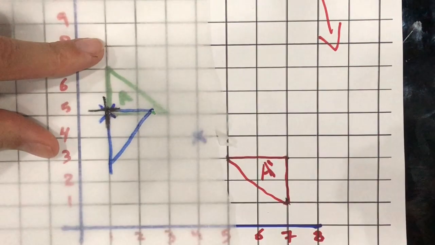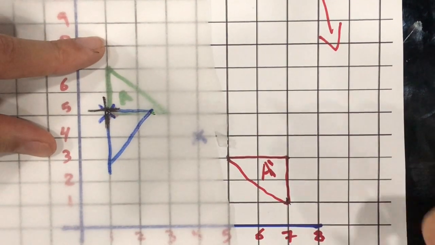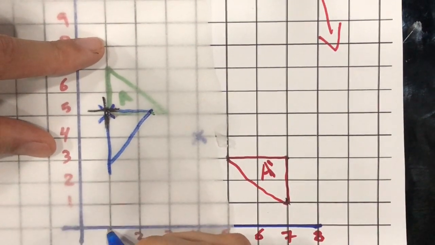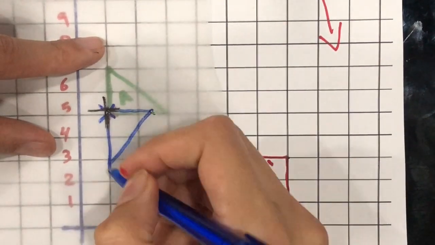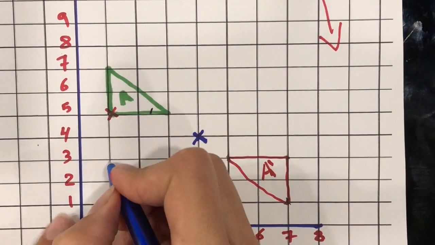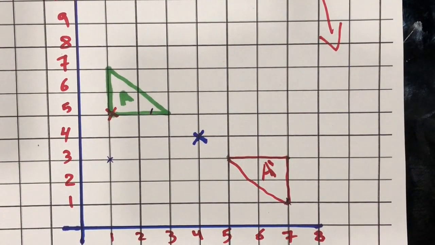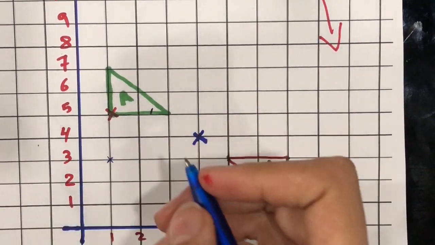Of course, you can do something else if you want to make it more clear or more clean on your question paper. You can just take the coordinates. So it'll be on 1, 3. You remove the tracing paper. On 1, 3, you can plot the first coordinates.